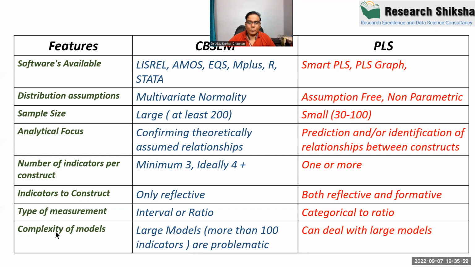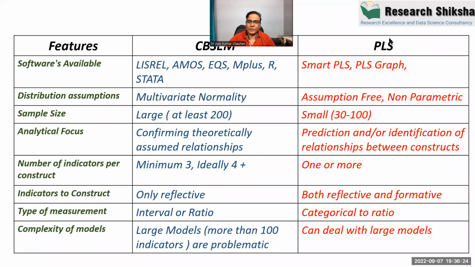And complexity of the models. When you have a very large model, where more than 100 items are there, whenever the number of items is large in the model, CB-SEM will give you a problem. Even in second order constructs, CB-SEM gives you a problem.